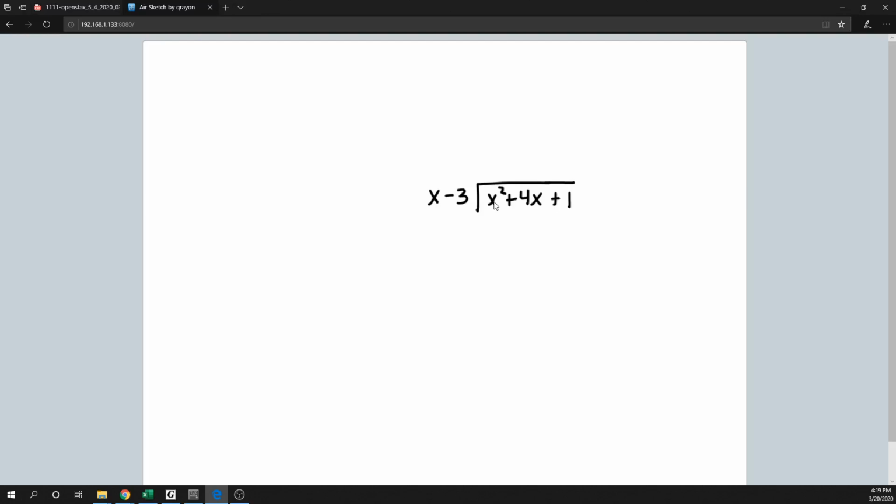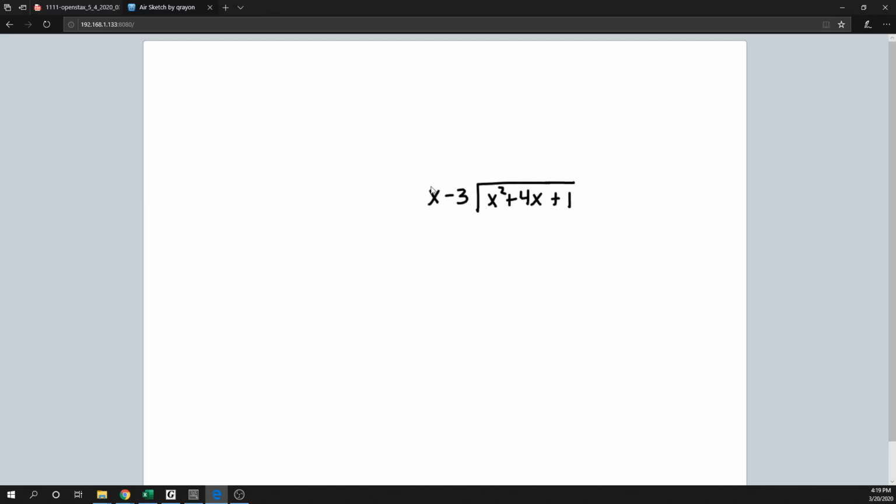A lot of people's reaction, if they haven't seen this before, is, what about the minus 3? You didn't take that into account. In the division step, you don't need to. In the multiplication and all the other steps, that stuff will get worked out.